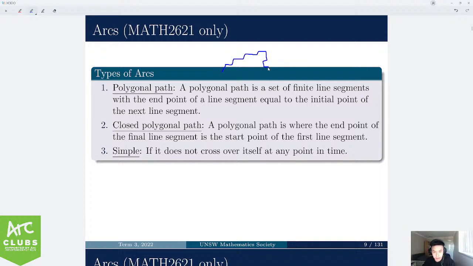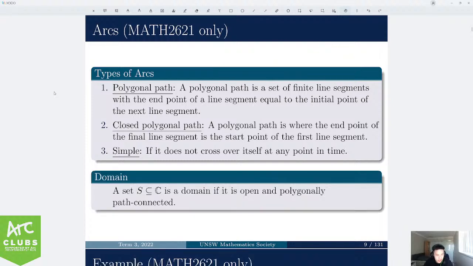So if we were to wrap this round back to the start, in this case, this would be a closed polygonal path. And the path is going to be simple if it doesn't cross itself at any time. So if instead we had something like this, it is not going to be simple because the path crosses at this point over here.